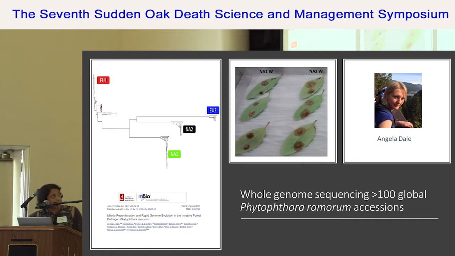So the Hamelin Lab has sequenced hundreds of global accessions of Phytophthora belonging to different lineages in a project that was led by Angela Dale, who is the scientist for the innovations. And she found that these lineages were more different than we thought, and they differ in traits such as virulence and sporulation. So now we have all these genomes, now we can start to use them to develop better surveillance tools.